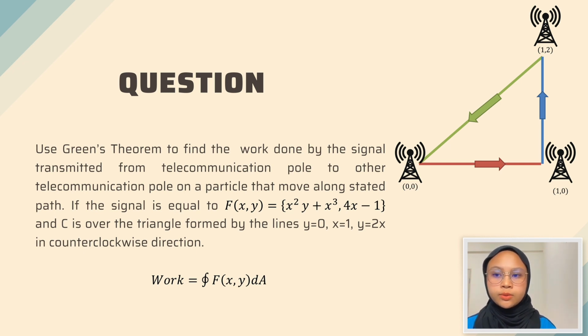If the signal is f(x,y) equals x squared y plus x cubed, 4x minus 1, and C is over the triangle formed by the lines y equals 0, x equals 1, y equals 2x in the counterclockwise direction. The given formula is work equals the integral of f(x,y) dA.